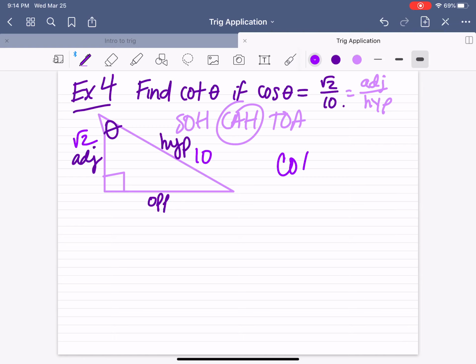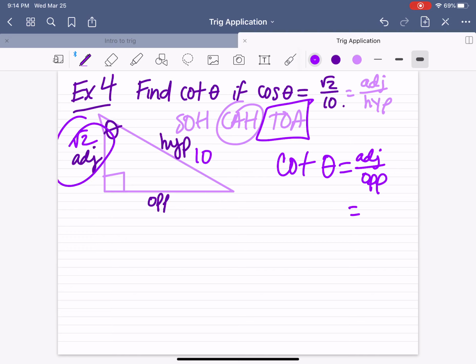Now the question is asking for cotangent of theta. And remember, cotangent is the reciprocal of tangent. So you have to flip that, and you're going to use the adjacent over the opposite. So the adjacent we have, but the opposite we do not. So let's find it using the Pythagorean theorem. Leg squared plus leg squared equals hypotenuse squared.